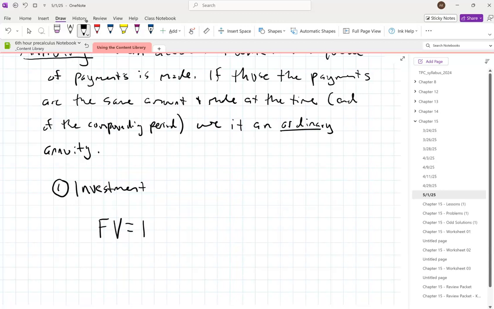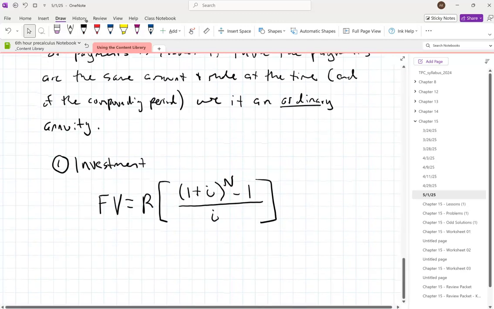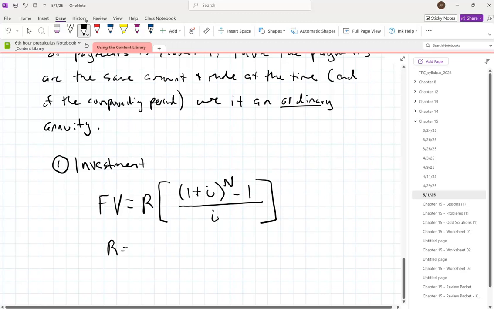So the investment annuity formula is as follows. Where R is that regular monthly payment.